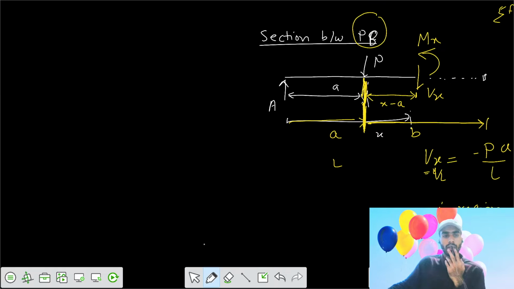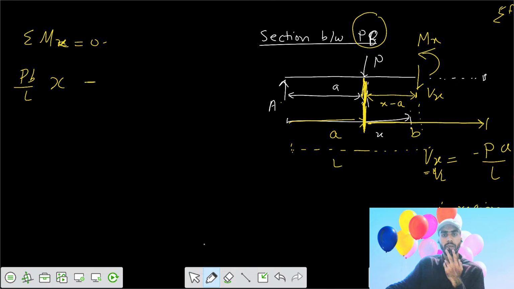We can write summation of moments at x equals 0. The reaction at A was Pb by L, acting for a length x clockwise, and the load P is acting for the distance x minus a, anticlockwise, P into x minus a, and the moment is also acting anticlockwise, minus Mx equals 0.